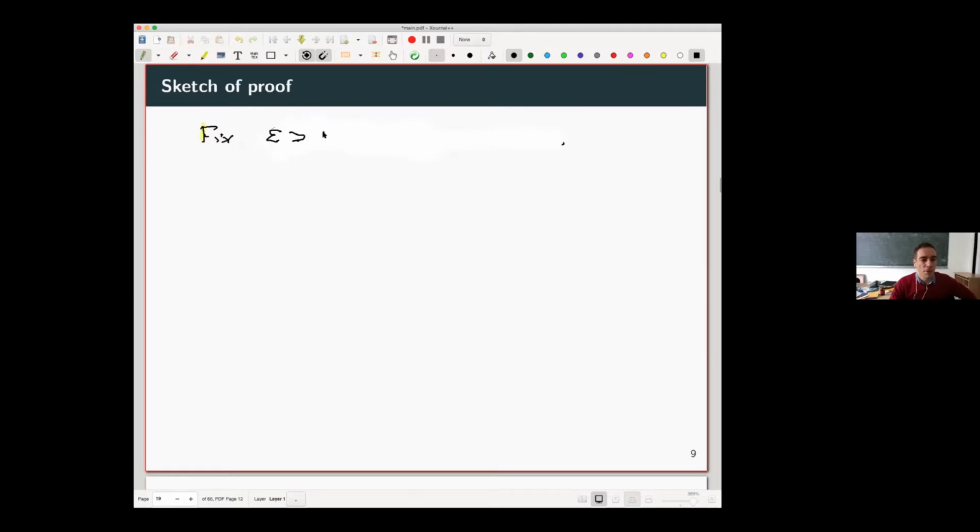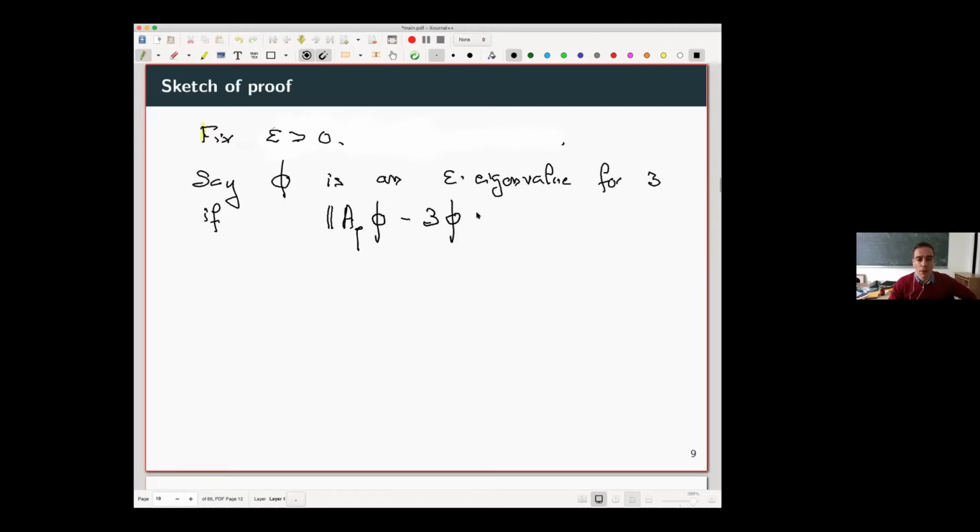Fix epsilon positive, and you can say that phi is an epsilon eigenvalue or almost eigenvalue for 3 if, well, the condition is very similar to the one we had for almost invariant vector. So if the norm of A rho of phi minus 3 phi is less than epsilon times the norm of phi.